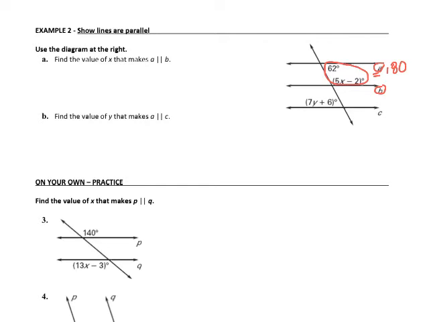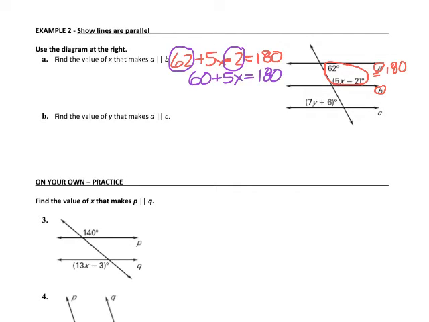So let's set up an equation that's going to be 62 plus 5x minus 2 equals 180. Okay, so I'm going to combine the things on the left that I can combine. This negative 2 and this 62 can be combined to 60 plus 5x equals 180.